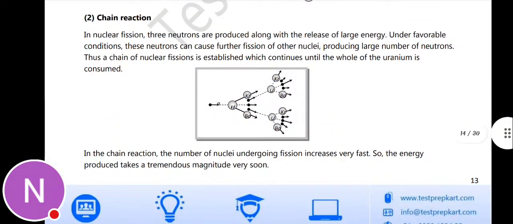Next is chain reaction. In nuclear fission, three neutrons are produced along with the release of large energy.